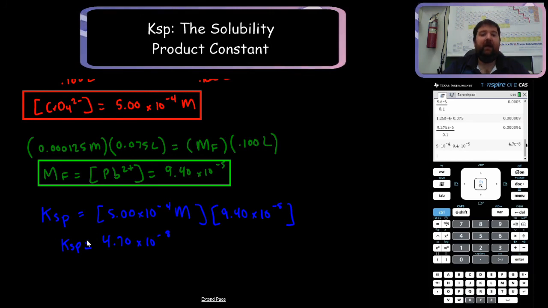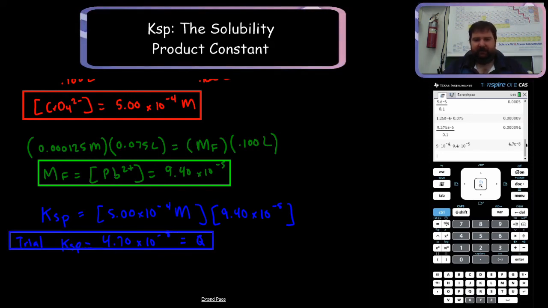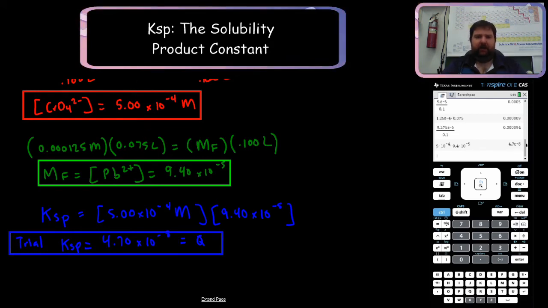That's my Ksp, my trial Ksp, which sometimes you'll see this labeled as Q. Okay, that's my trial Ksp. Let's go ahead and figure out what to do next.